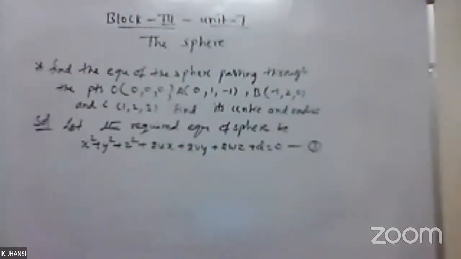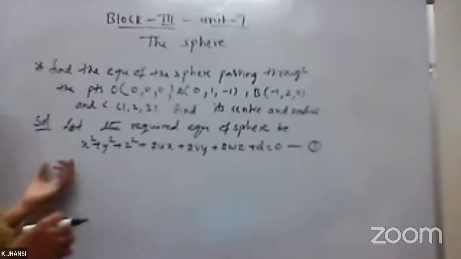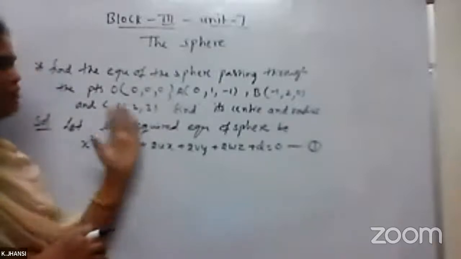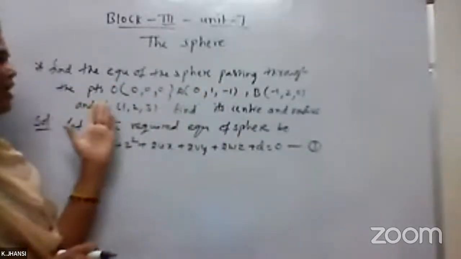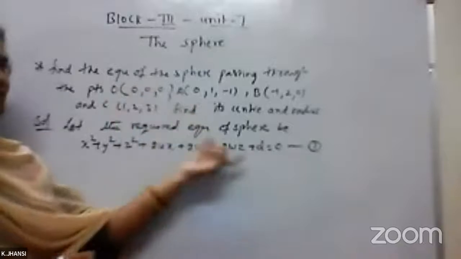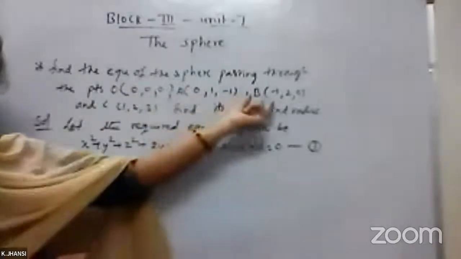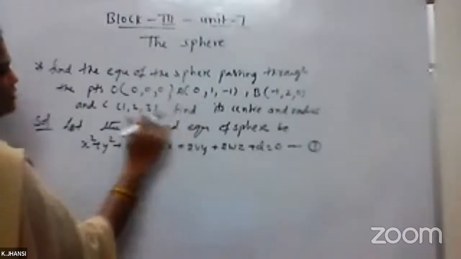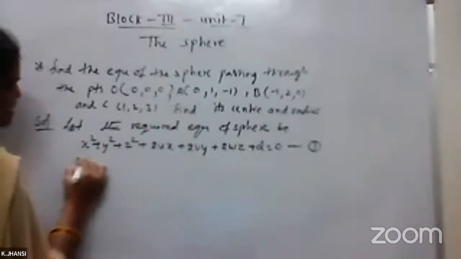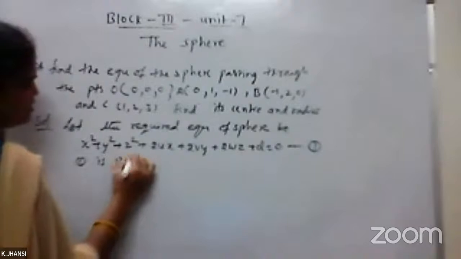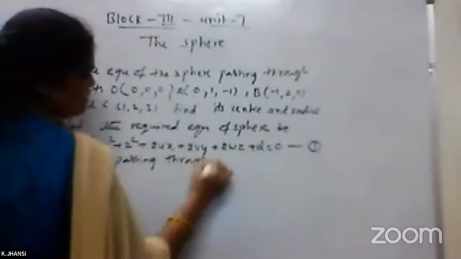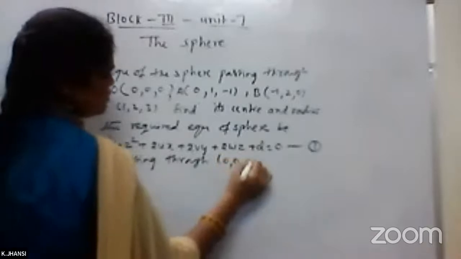Then since it passes through the points, you can write that equation 1 is passing through these 4 points. So if it is passing through 0, 0, 0, what will happen?